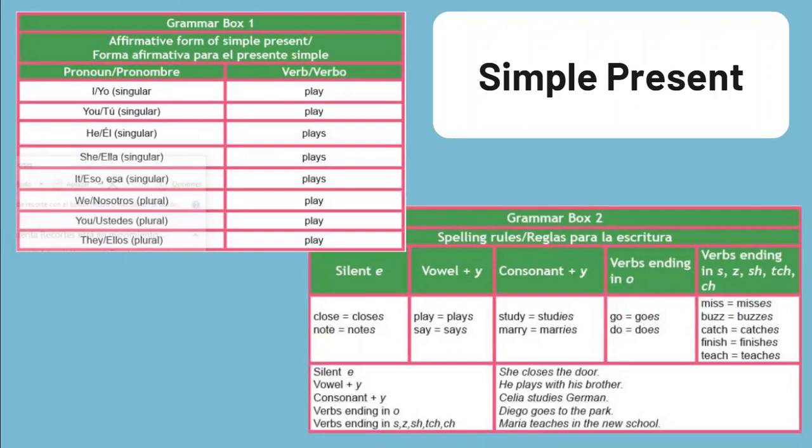And a verb ending in O, Diego goes to the park. And finally, verbs ending in S, CH, etc. Maria teaches in the new school, okay? These are a few examples, but this grammar box will be very helpful when you're writing a paragraph or whatever.